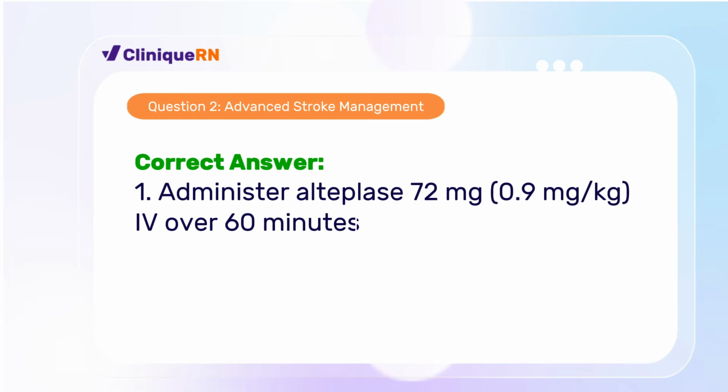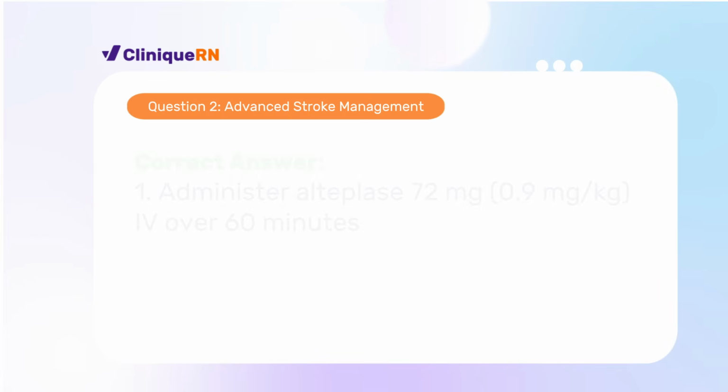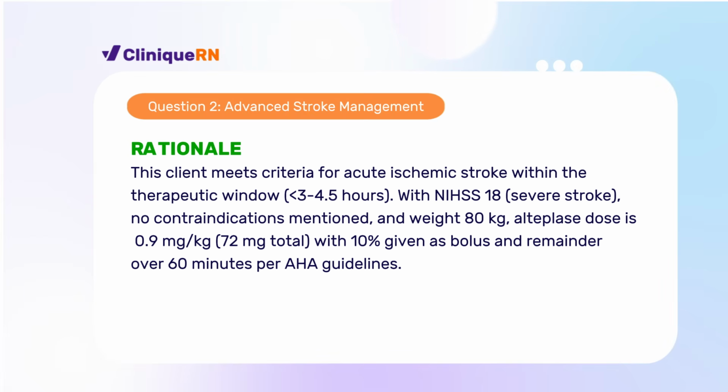The correct answer is 1. Administer alteplase 72 milligrams, 0.9 milligrams per kilogram, IV, over 60 minutes. Rationale: this client meets the criteria for acute ischemic stroke within the therapeutic window, less than 3 to 4.5 hours.